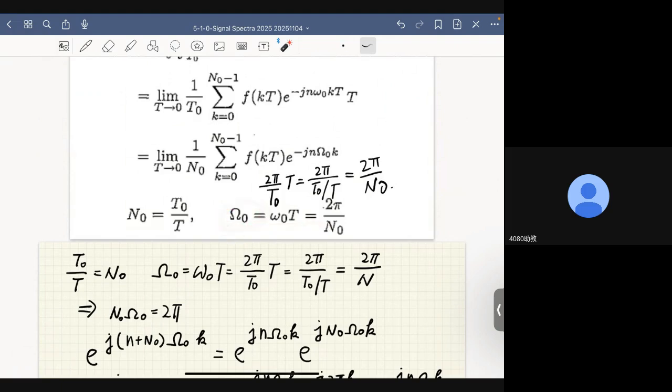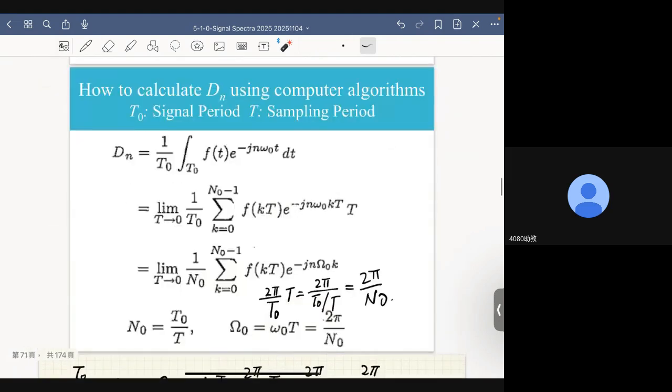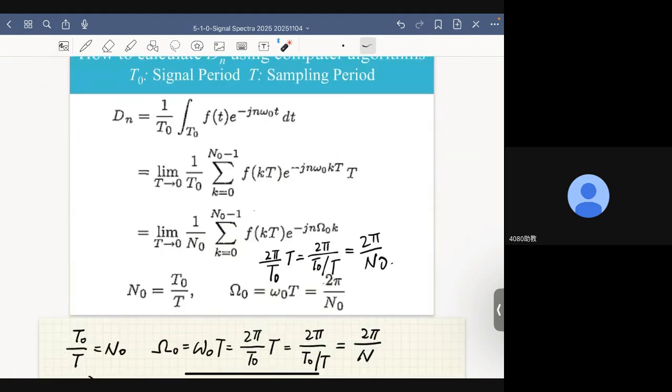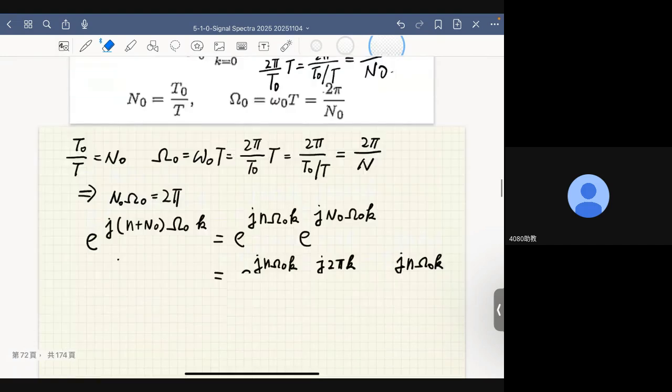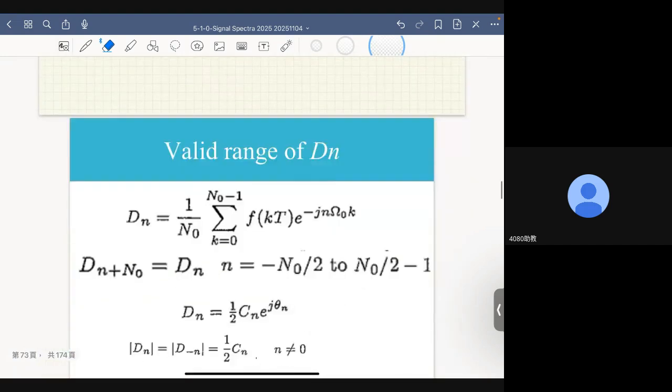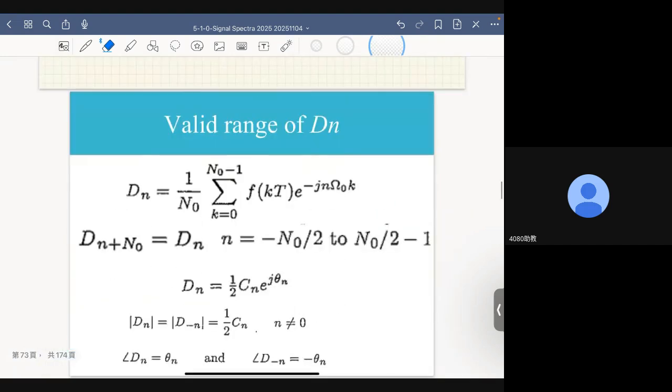But for the time being, remember the definition of omega 0. All right? Now, the next thing I want to do is understand the value range of Dn, okay?